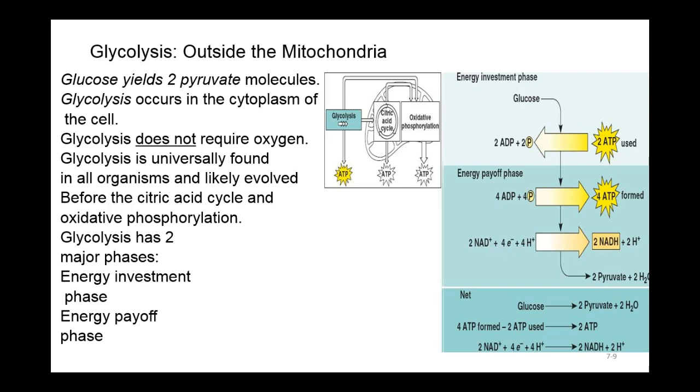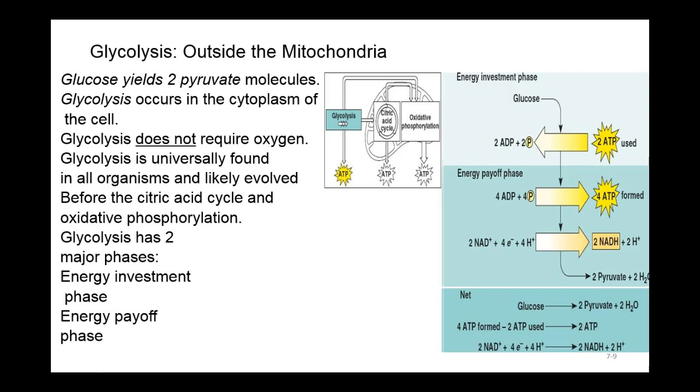It evolved before the citric acid cycle and oxidative phosphorylation, so it generally is older. It's a more primitive process, you might think, because it's not quite as efficient. It happens in 2 major phases: your energy investment phase and your energy payoff phase, and we're referring to ATP as the energy that's being invested and paid off.